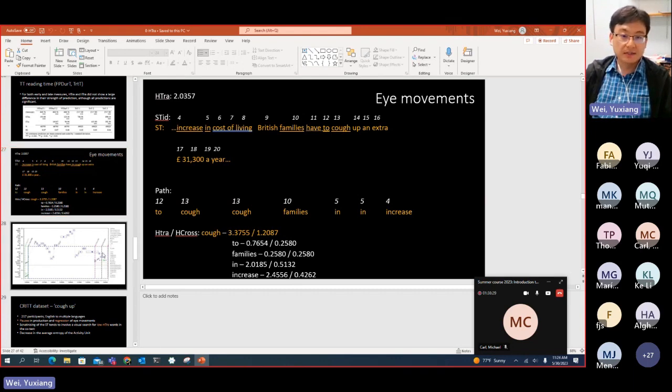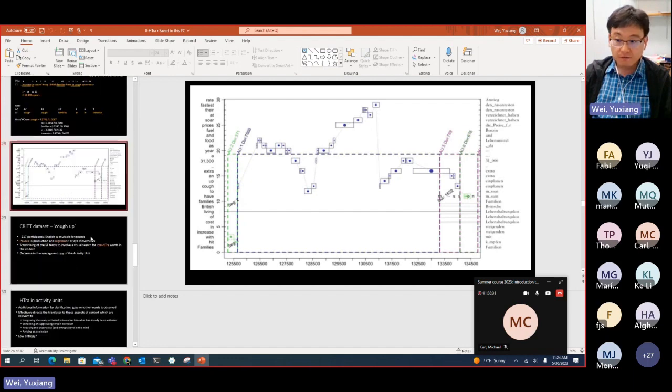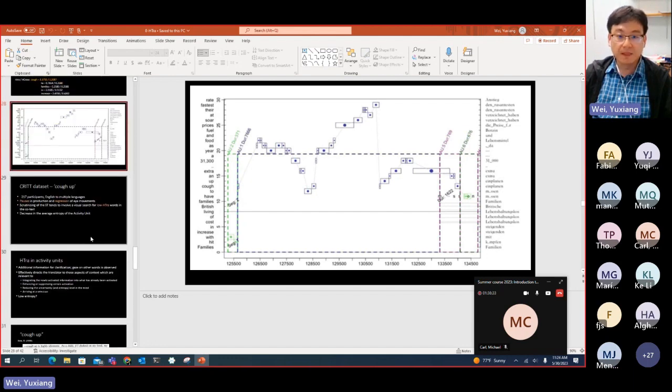We can also analyze it from the progression graph, right? So this is another example of it. We see that this part is a pause of translation production before the translator proceeds to translate have to cough up.